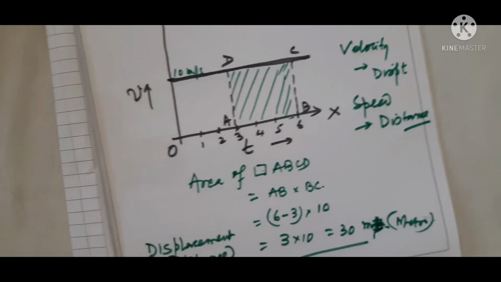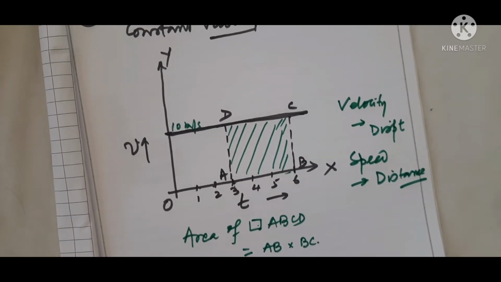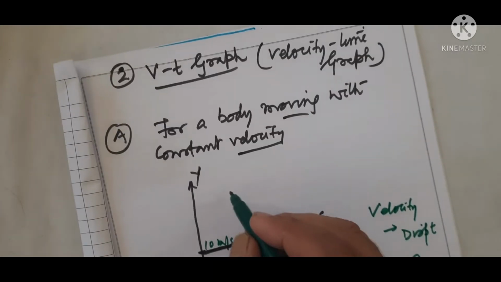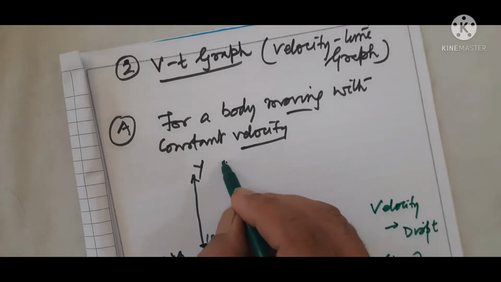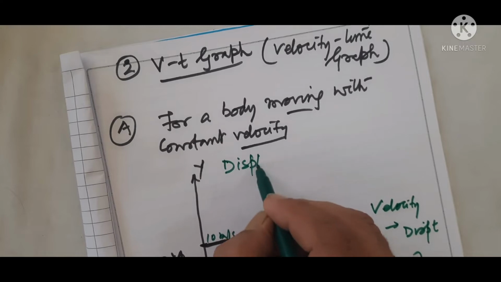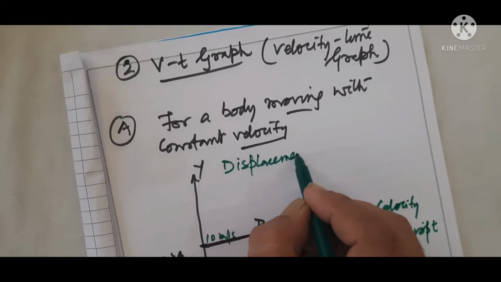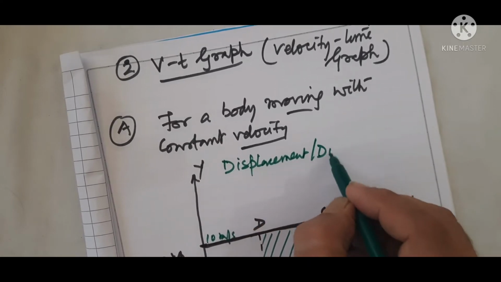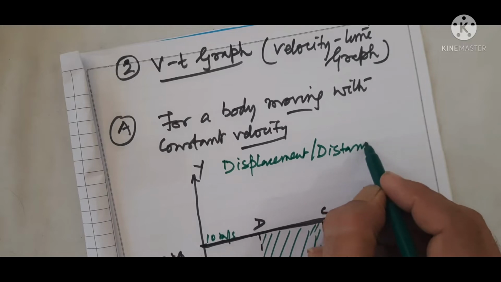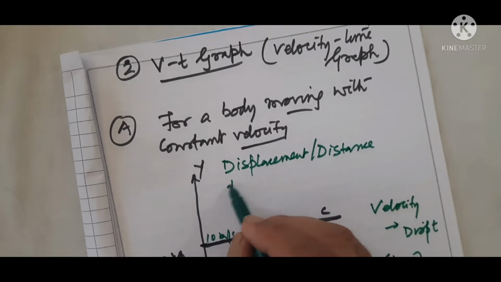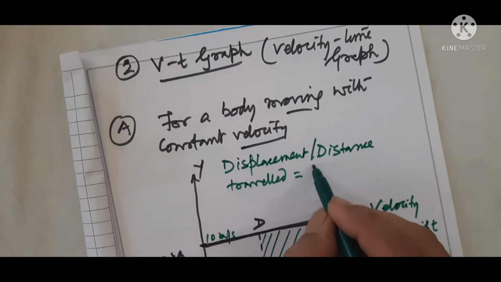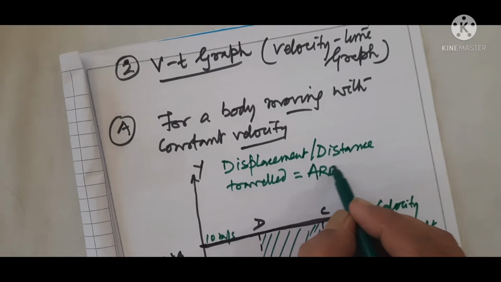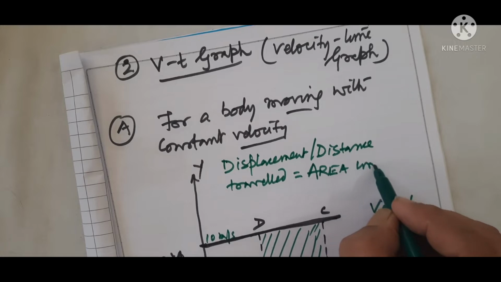So this is the way how to find the distance or displacement traveled. So we can write: displacement or distance traveled by the object is equal to area under the graph.